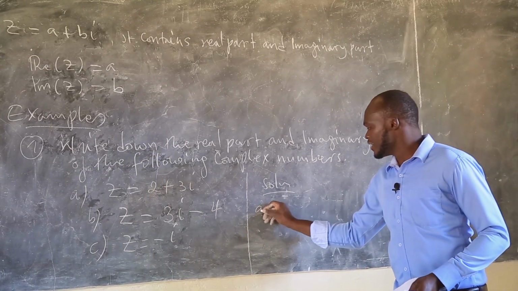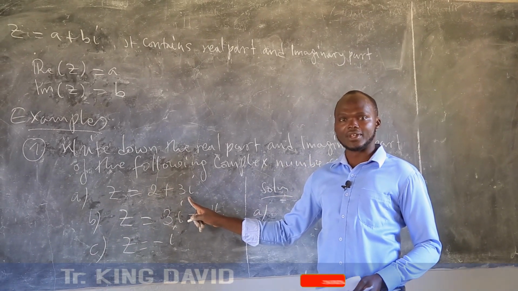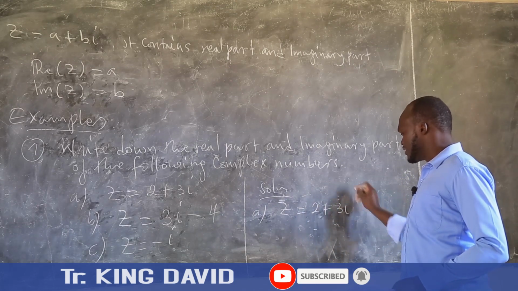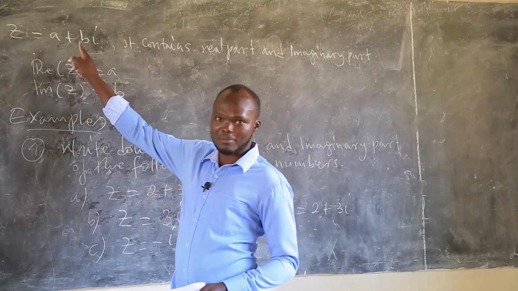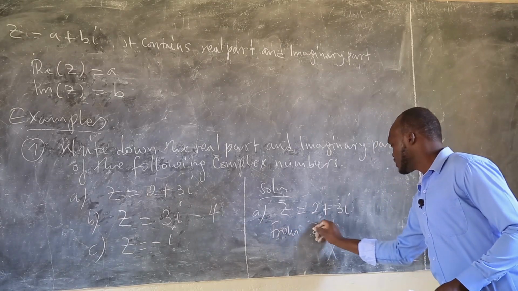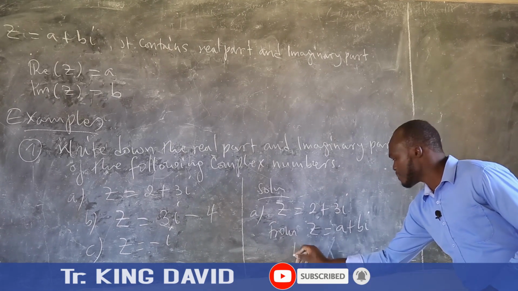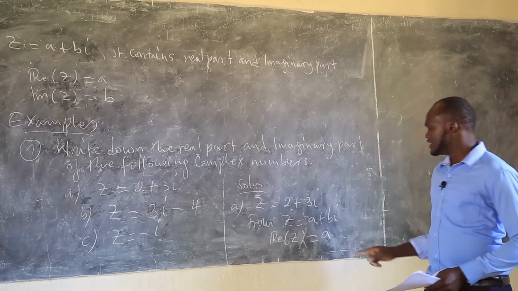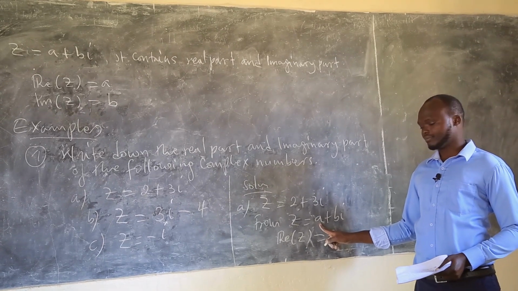So for A, z equal to 2 plus 3i. Remember I told you that from z equal to a plus bi, the real part of a complex number here is a. It is the part that does not contain i.